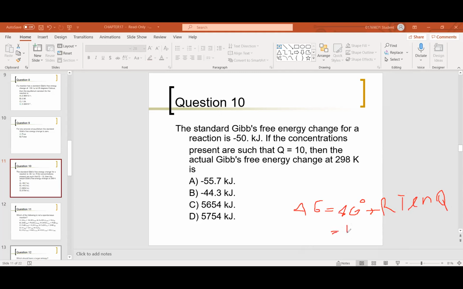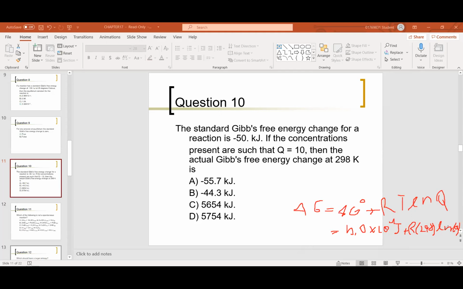All right, so that would be, in this case, 5.0 times 10 to the 4th. Let me see, 50 times 1,000. 1, 2, 3, 4. Yeah. Okay, times 10 to the 4th joules plus, I'm just calling it R, and this one is going to be 298, so 25 degrees Celsius, times ln of Q. It's going to be 10.